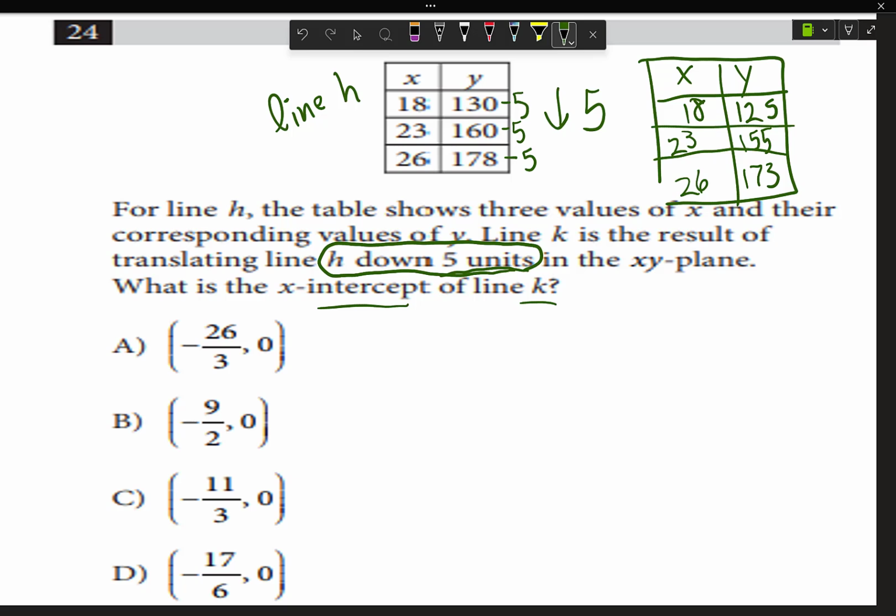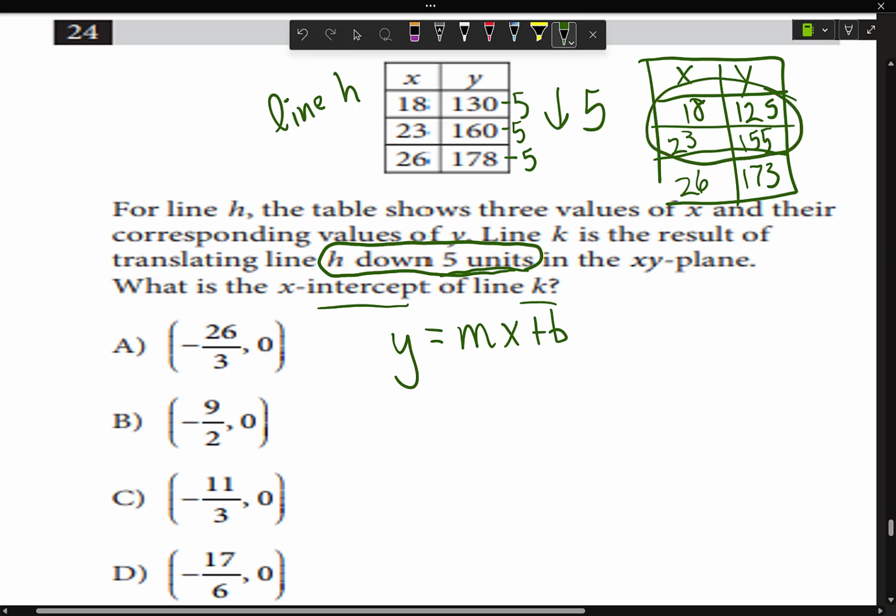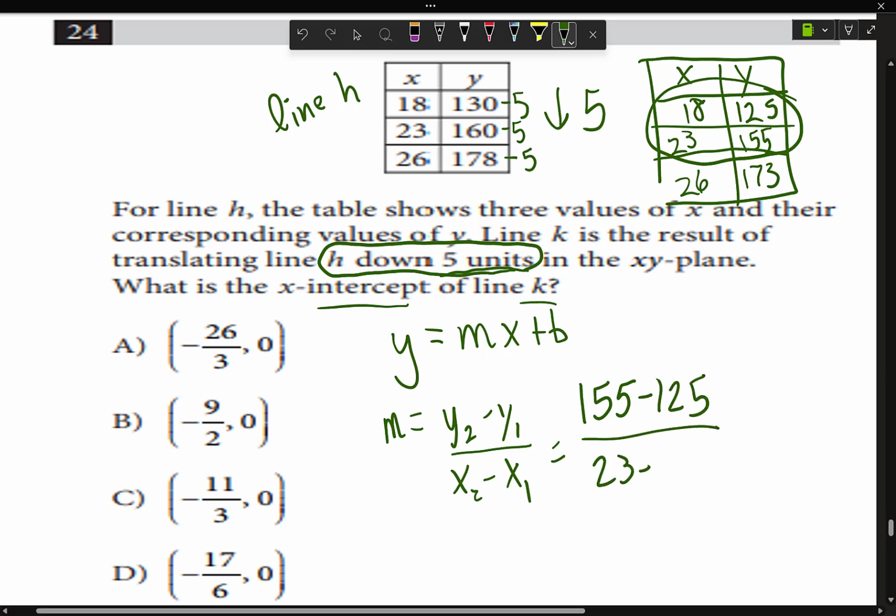So now we can come up with an equation of a line. So let's first find the slope. Let's pick 2 points, any 2 points from that table, and use the formula for slope. So that's 155 minus 125 over 23 minus 18.